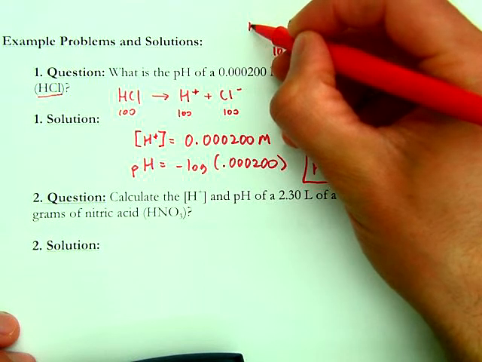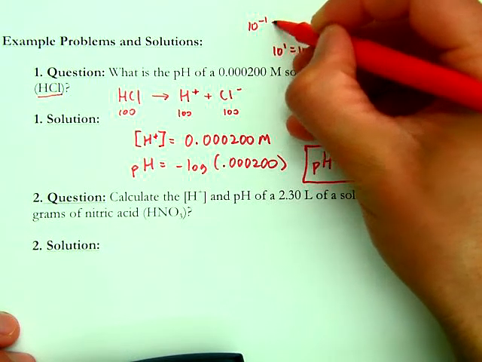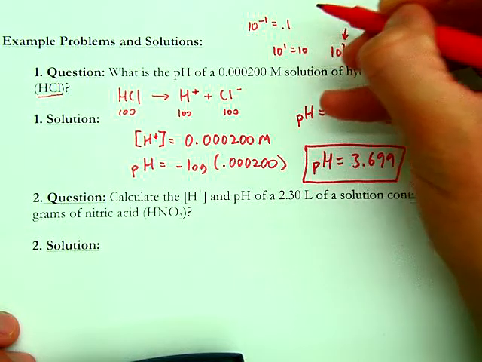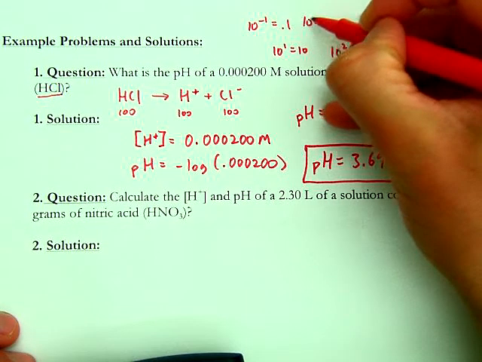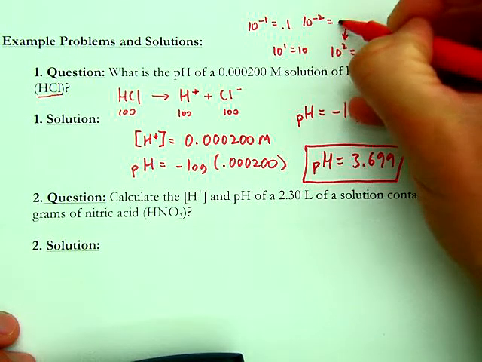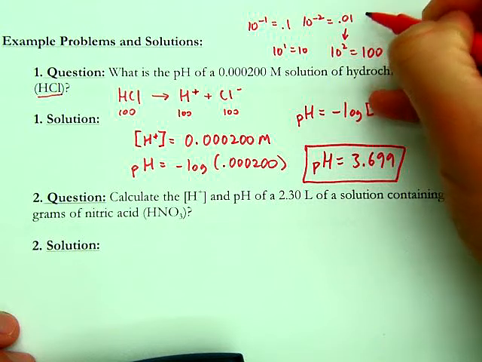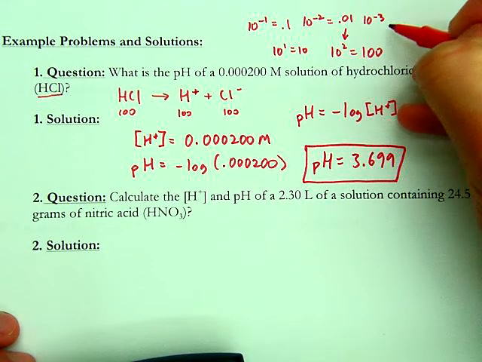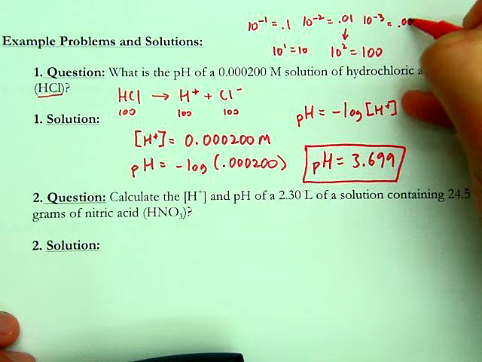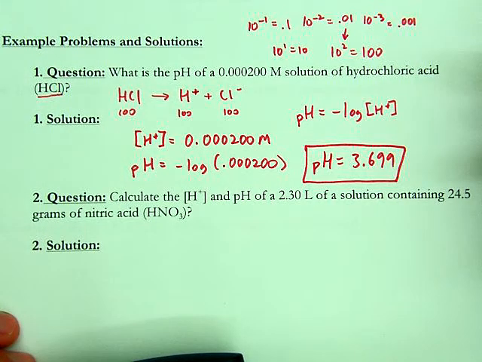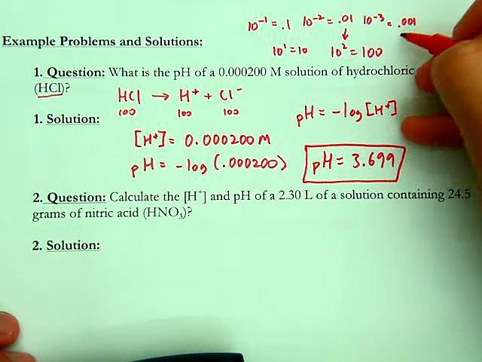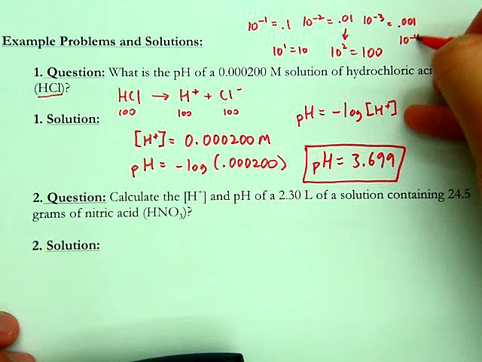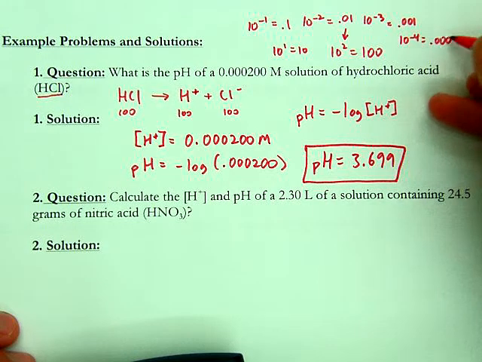So if we did 10 to the negative 1, we would get 0.1. If we did 10 to the negative 2, we would get 0.01. 10 to the negative 3 is 0.001. And 10 to the negative 4 is 0.0001.